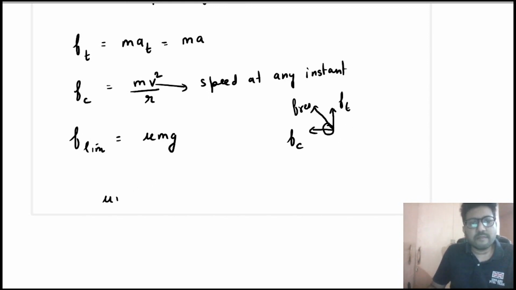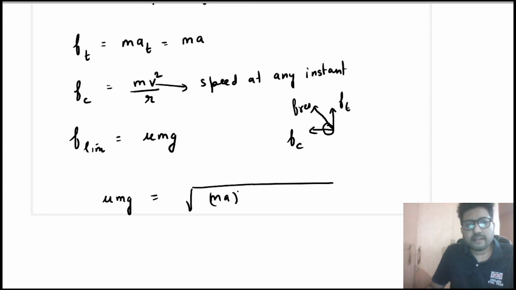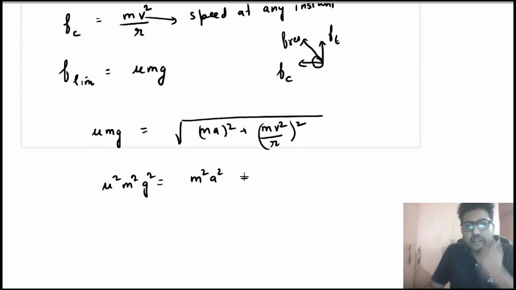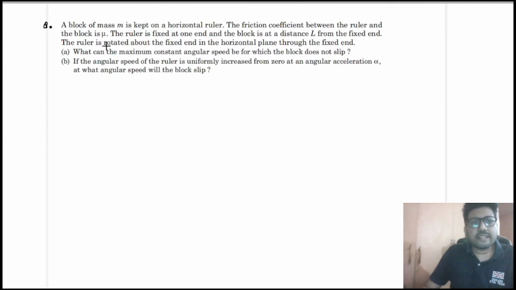So mu m g is equal to under root of (m a) square plus (m v square by r) whole square. From this you will get mu square m square g square is equal to m square a square plus m square v power 4 by r square. m square cancels. From this you can get the value of v.